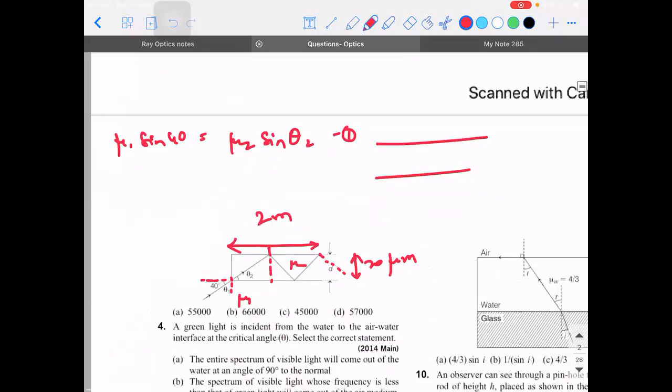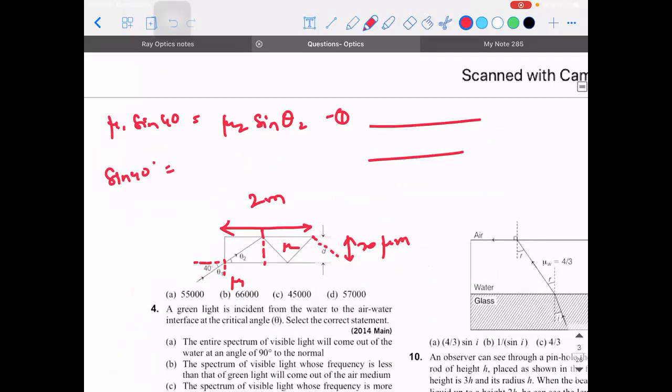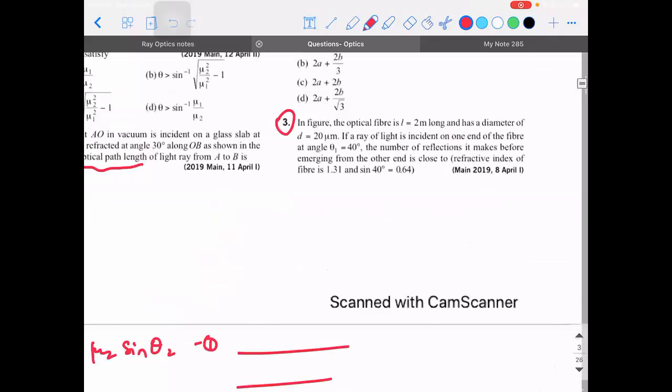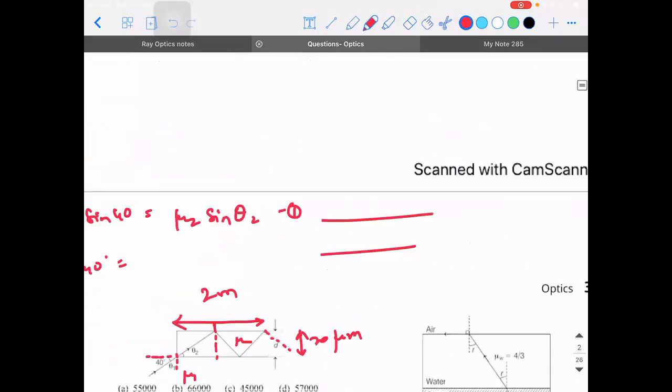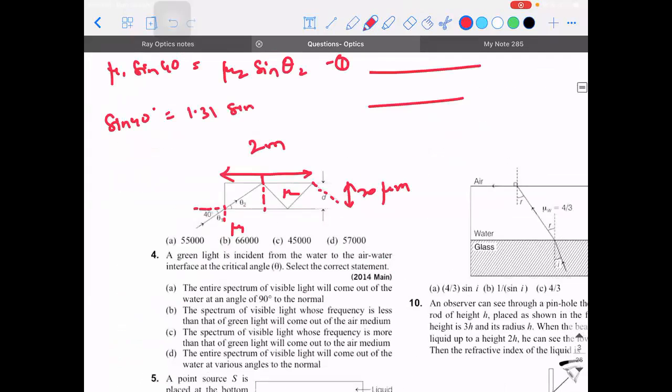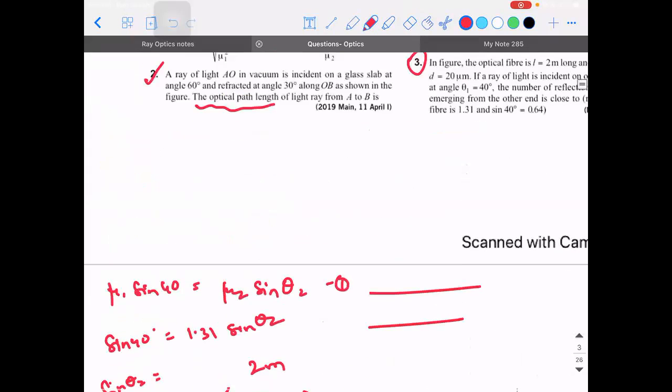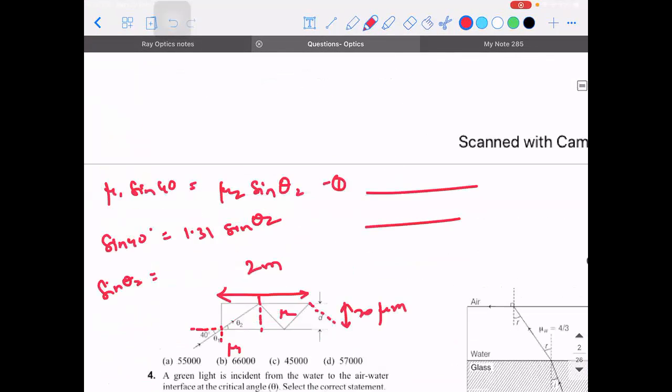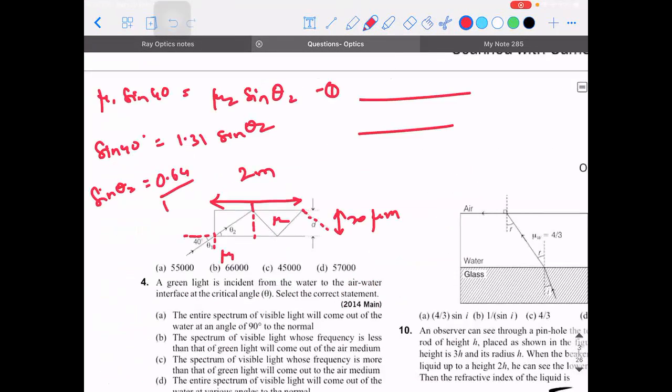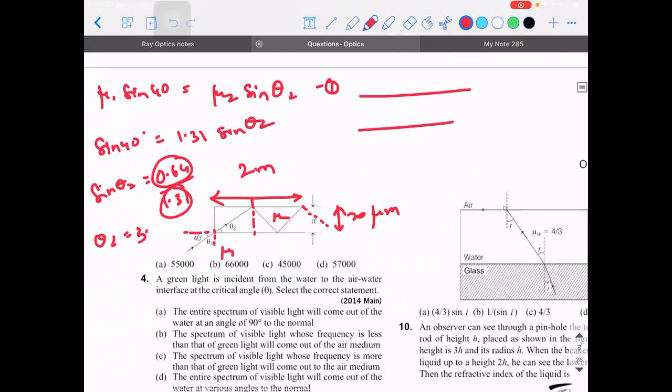So sin 40 is equal to mu2, which is 1.31, the refractive index of the fiber, into sin theta 2. So what is sin theta 2? What is sin 40 given as? 0.64 divided by 1.31. So what will theta 2 be? 0.64 by 1.31 is approximately half. So can I consider theta 2 as 30 degrees?